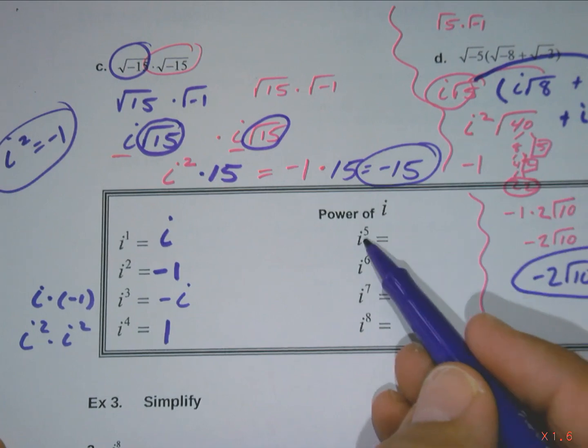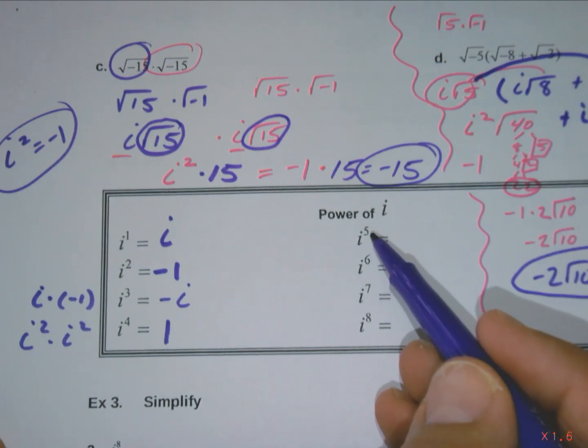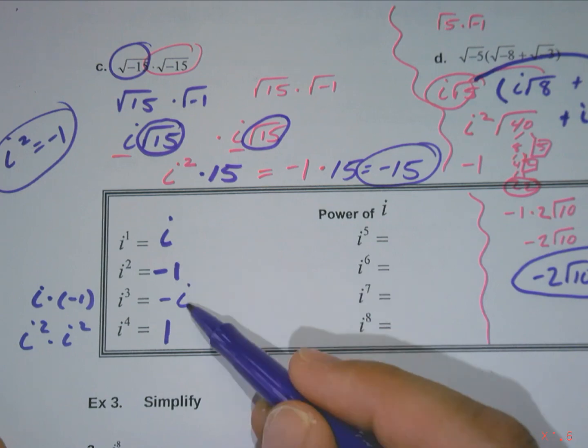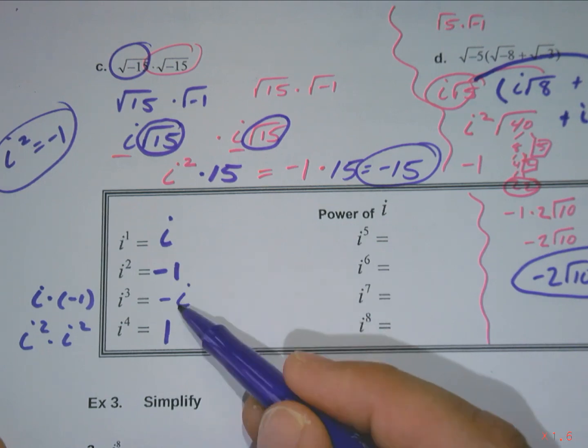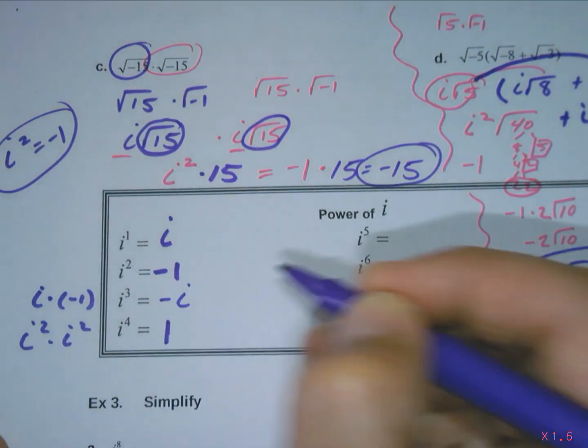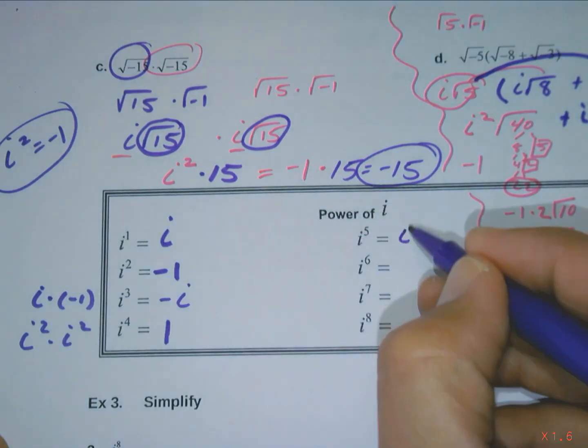What two exponents over here add up to 5? 3 and 2? Oh. Multiply these together. What's negative 1 times negative i? What's negative times a negative? Positive, and 1 times i is i.